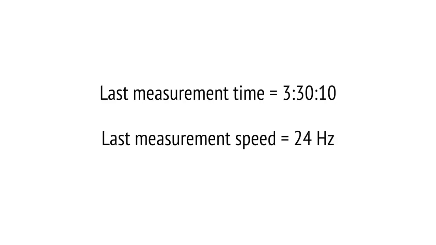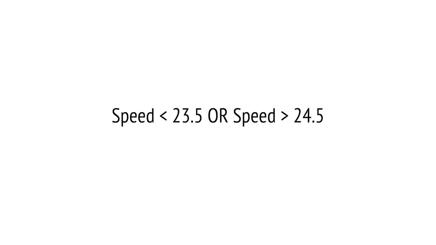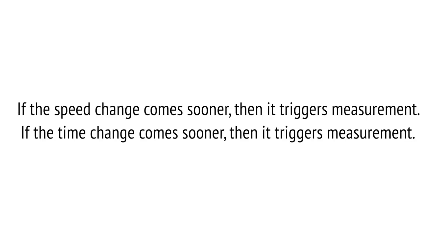And the speed of last reading was 24 Hertz. If the actual speed now is lower than 23.5 Hertz or higher than 24.5 Hz, then a new reading is taken. If the actual time is higher than 3 o'clock 30 minutes and 11 seconds, the new reading is taken. The event which comes sooner then controls the triggering. It means makes the trigger.